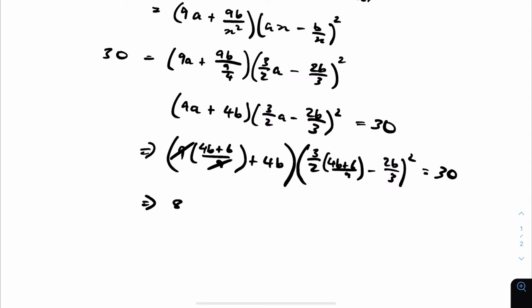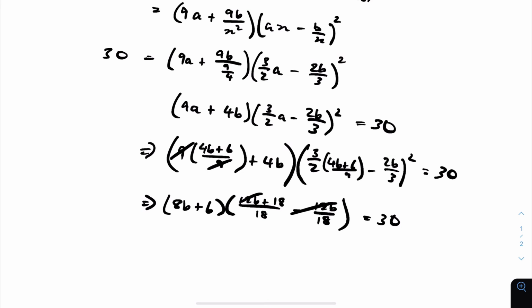We get (8b + 6) times ((12b + 18)/18 − 2b/3) squared, and 2b/3 is just 12b/18, so the 12b's cancel out. We're left with (8b + 6) times (18/18) squared, which just cancels out to 1.